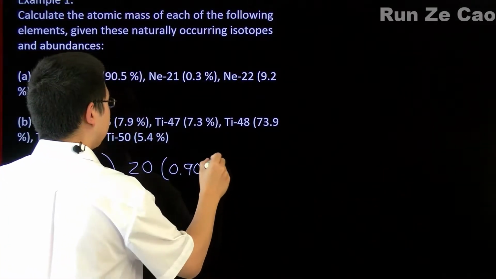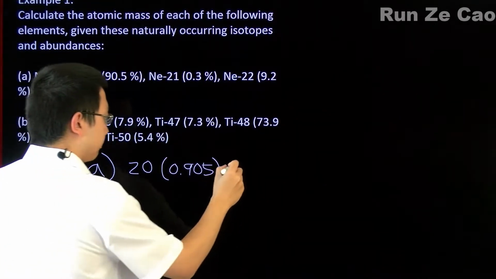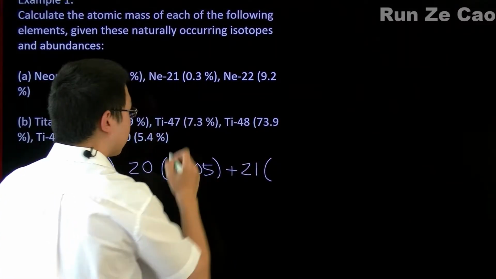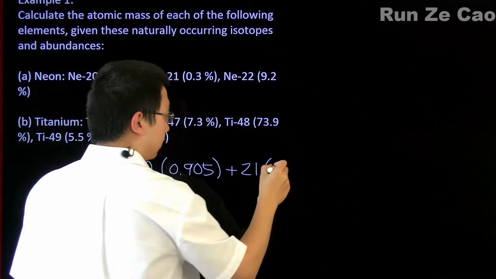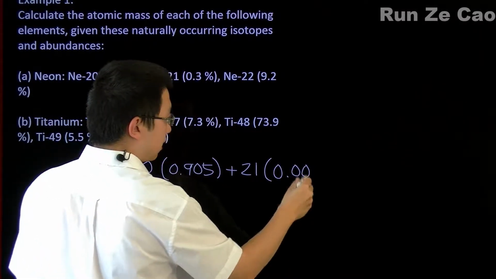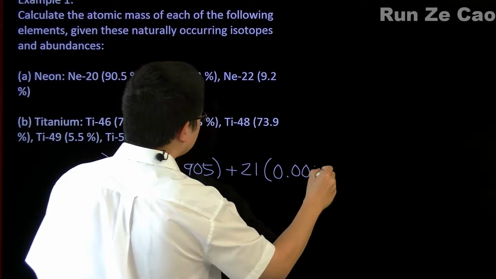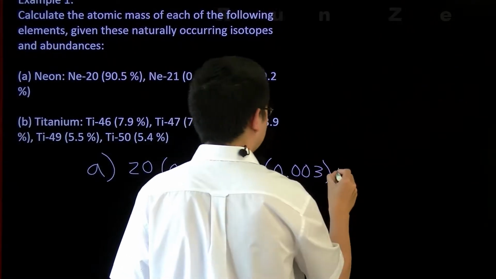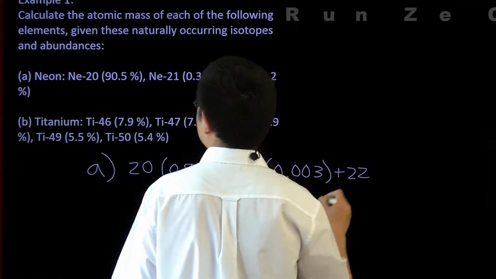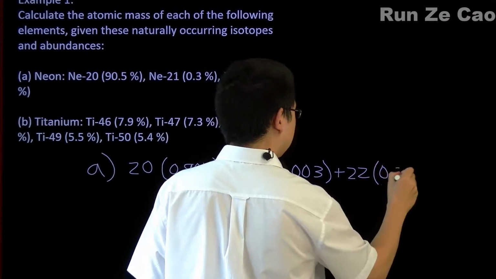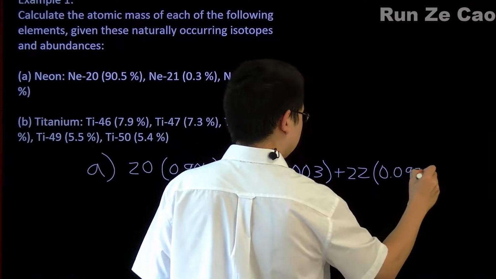All right, now that we've cleared that up, plus 21 times 0.3% is how many? 0.00. Okay, this is the units digit of a percentage, and then 3. Plus 22 times 9.2%, that is 0.092.